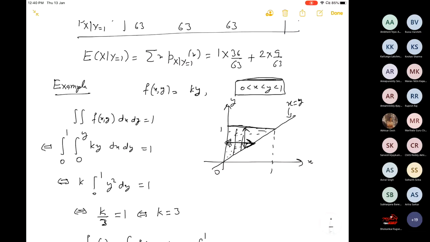You have to plot this area and see, similar to the kind of case we discussed just now. You can find out the marginals and see whether the joint is the product of their marginals or not. Okay, so you have to do that.